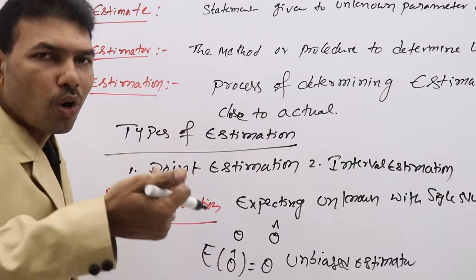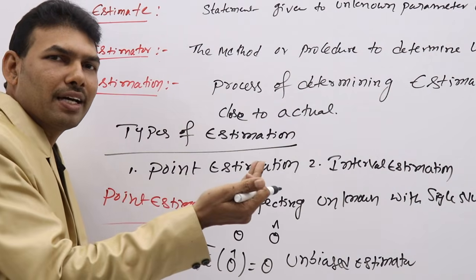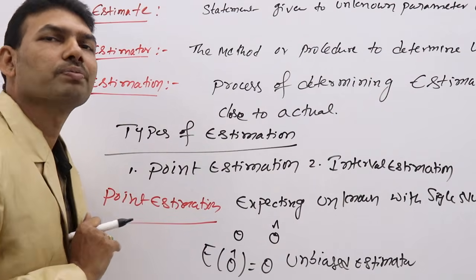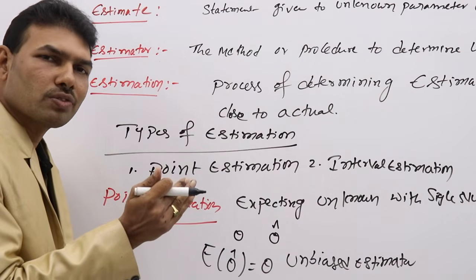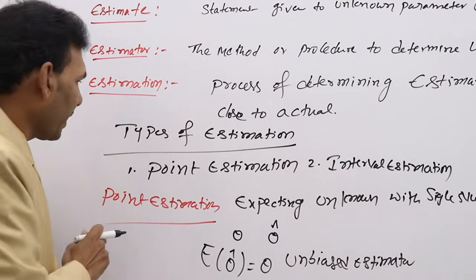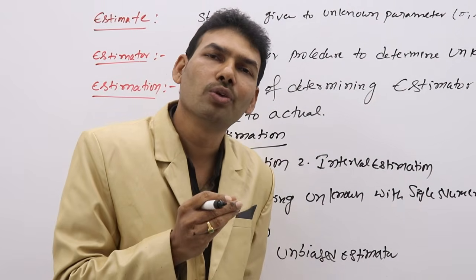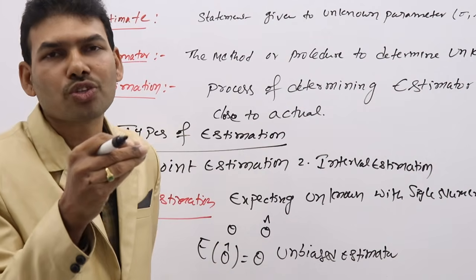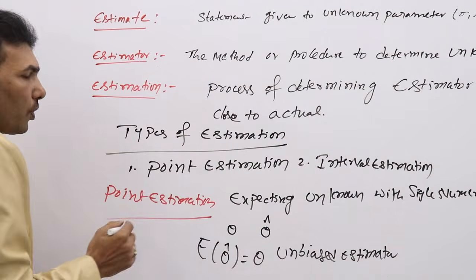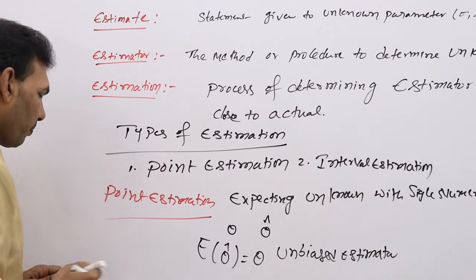Even though it is very close, what you expected is not what you got. Expecting an unknown value with a single numerical value, there is very little chance to coincide with the actual. To overcome this, we generally use interval estimation.